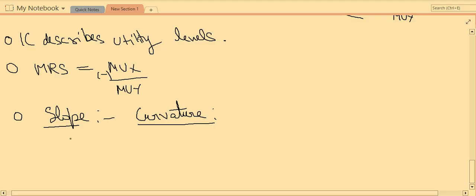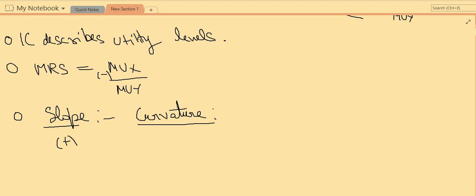Okay, so our slope of an IC can be positive, negative, or constant.